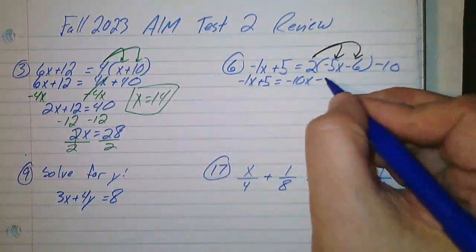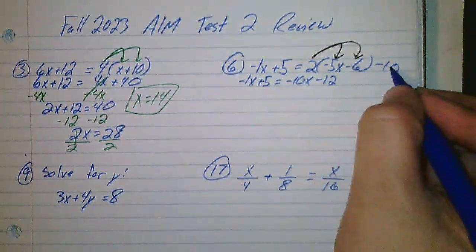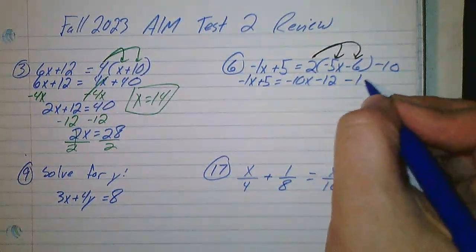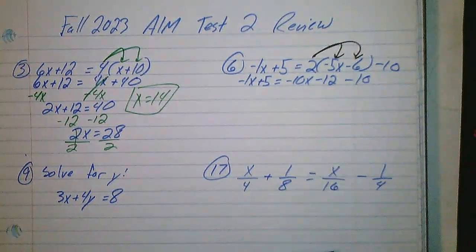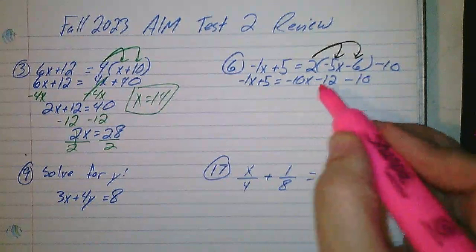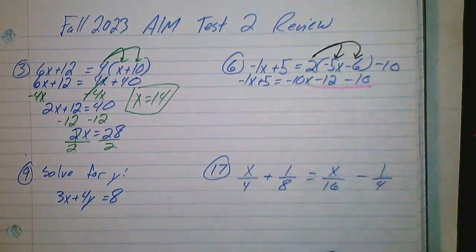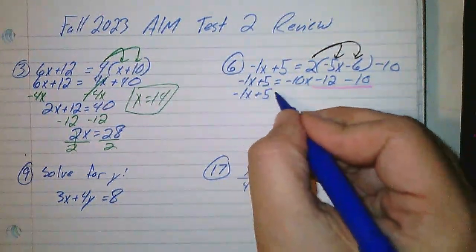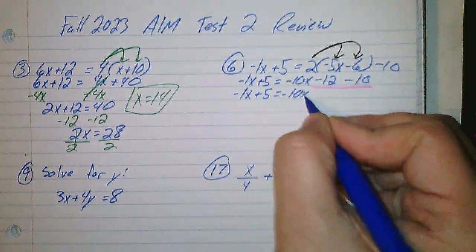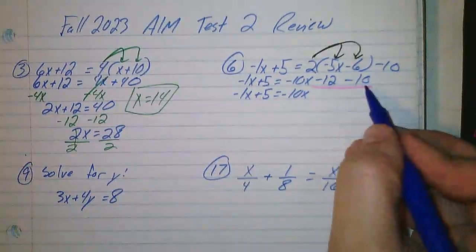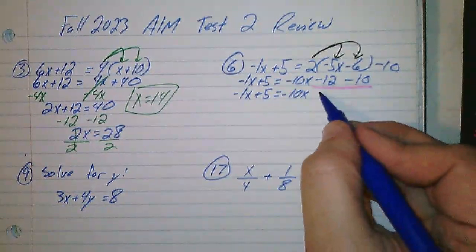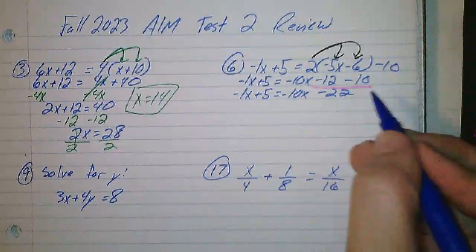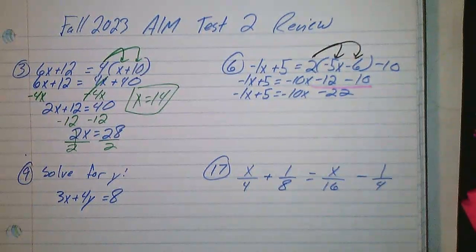So negative 10x minus 12, and then this minus 10 just carries down. And now we do have some like terms. So our next step will just be to combine those like terms. Negative 12 minus 10 is negative 22. They combine into a larger negative.